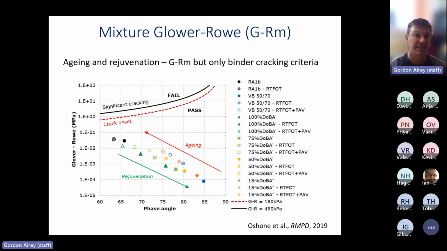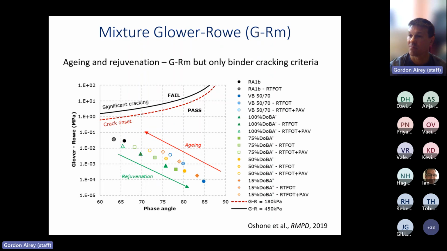And I've got this graph. This is actually binder data. Although it is linked to mixtures, because these are recovered binders that have been subjected to aging in the field, you see the red aging going to the top. But I've also included some rejuvenation effect, where we've taken the aged binder and effectively added a rejuvenator.